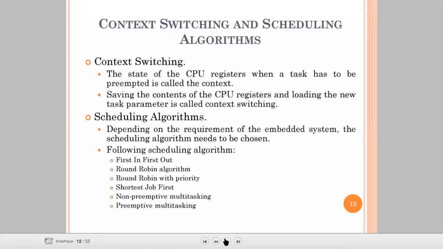And the next one is context switching and scheduling algorithms. See here, what is meant by context switching? Already I told you the example: suppose the CPU executes one program. While executing this program, another high priority interrupt occurred.